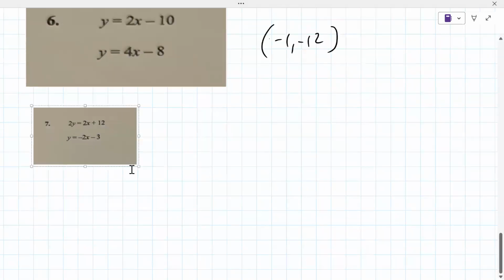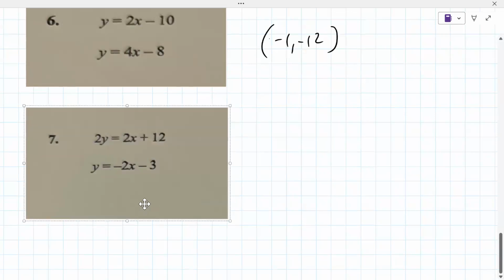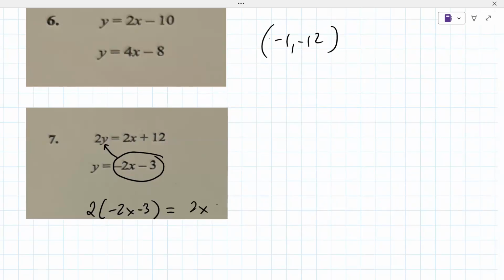Number 7. This is going to go in for y. And it's kind of like that other problem where you have to distribute to both. That 2 goes to both. Okay.